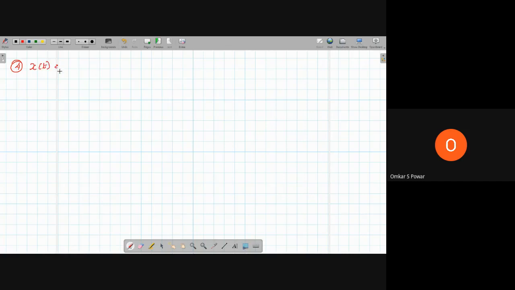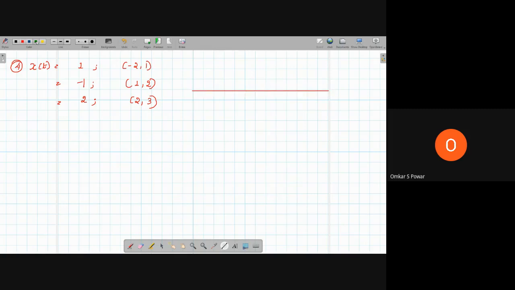So x of t is equal to 1 if it lies between -2 to 1, and is equal to -1 if it lies between 1 to 2, and is equal to 2 if it lies between 2 to 3. So first thing, you draw it, okay, to get a better idea.